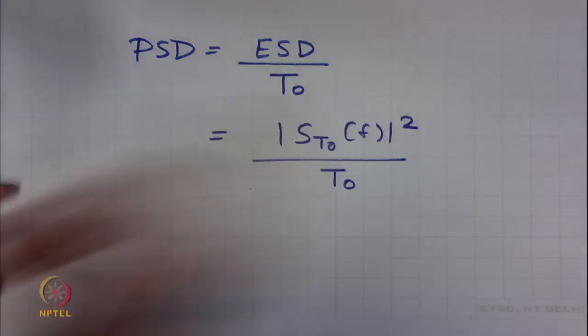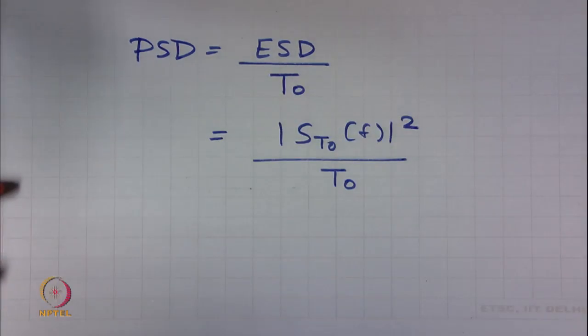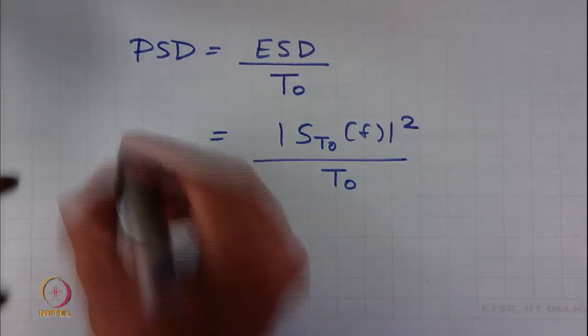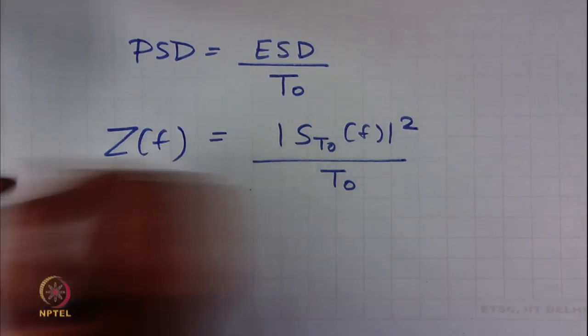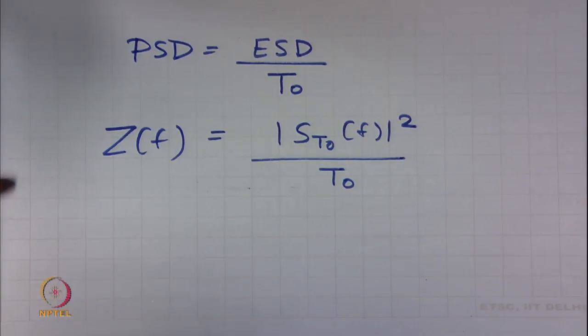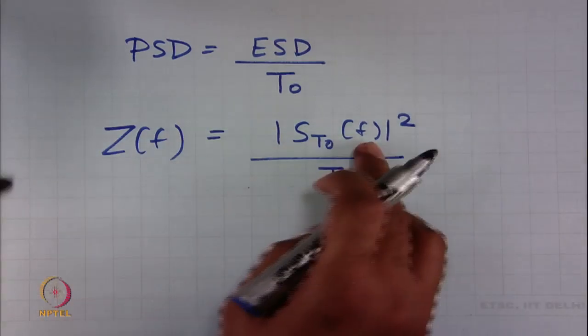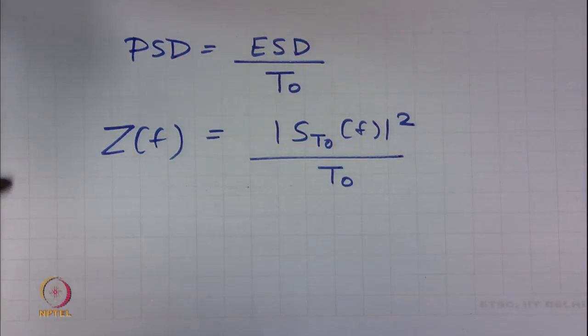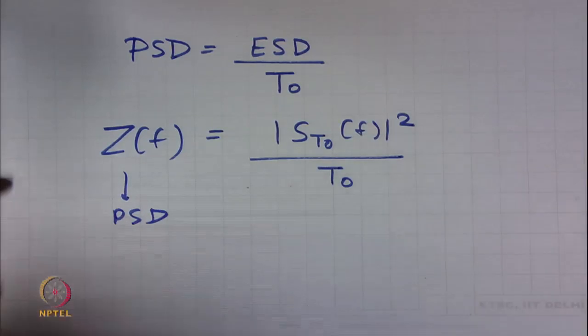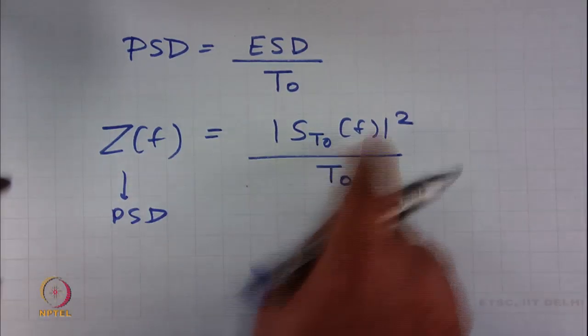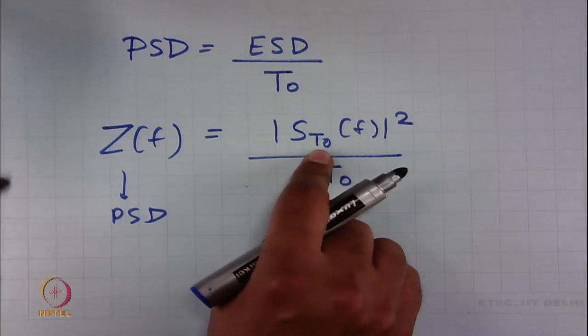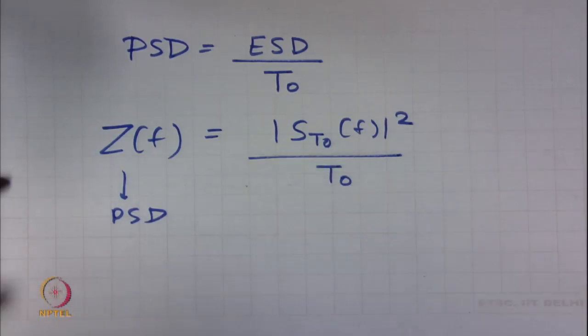Because we do not have good notation, we would denote power spectral density with Z of f. We earlier used S of f, but now S of f is used for the spectrum of a signal S(t). So, let us use Z of f to denote the power spectral density. Now, this is the power spectral density for a signal which runs for a duration of T naught.